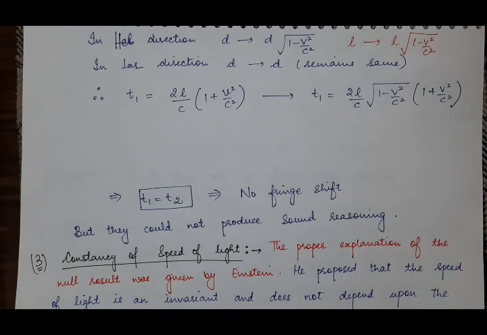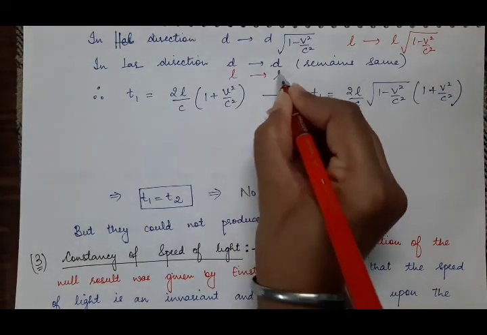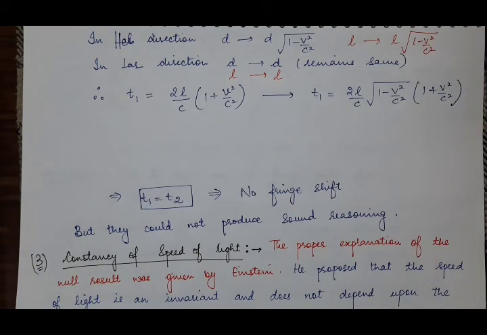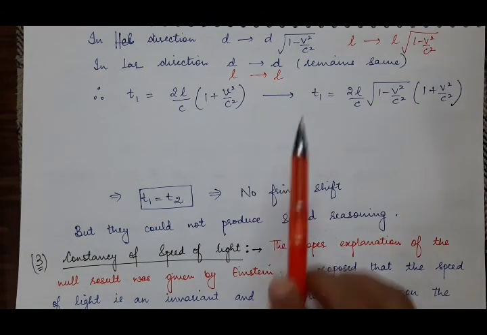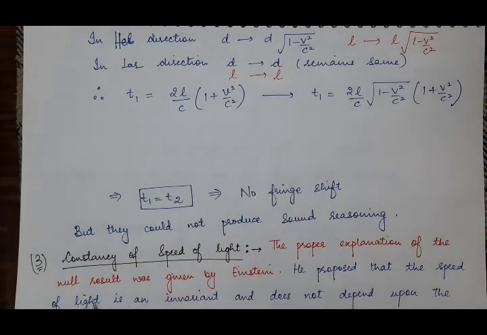And for beam number 2, the direction of motion is perpendicular to the Earth. So the optical path length will remain the same, L. So the time taken by beam 2 will remain the same, but the time taken by beam 1 will change.